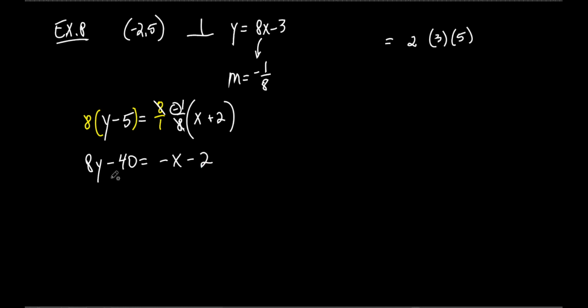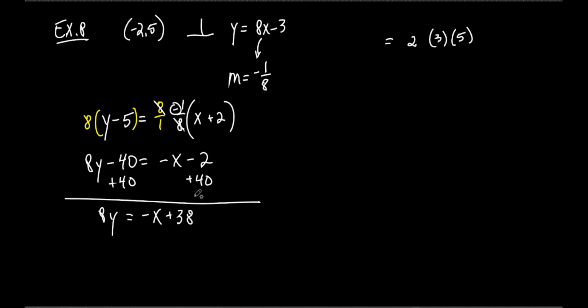Let's do this. Let's solve for y now. So I add a 40 to both sides. I add a 40 to this side. All right, this is 8y equals, what's this going to be? Negative x plus 38. Am I doing this right?